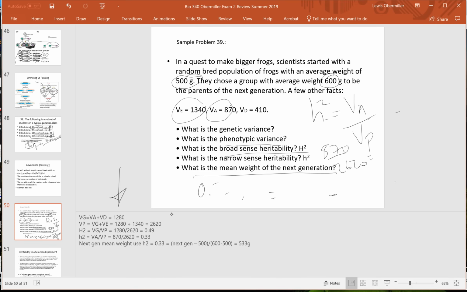So that is 0.33 narrow sense heritability equals X, which we're trying to find out, minus 500 grams. I guess I should be using units. It's kind of bad form. Divided by 600 grams minus 500 grams, which is 100. So we get 0.33 equals X minus 500.